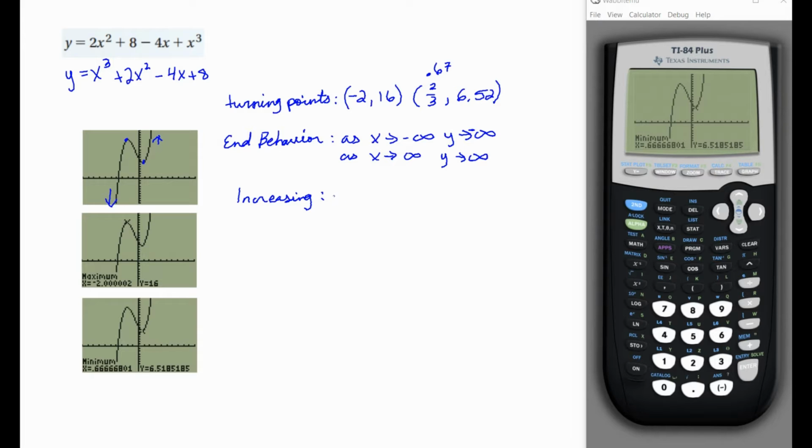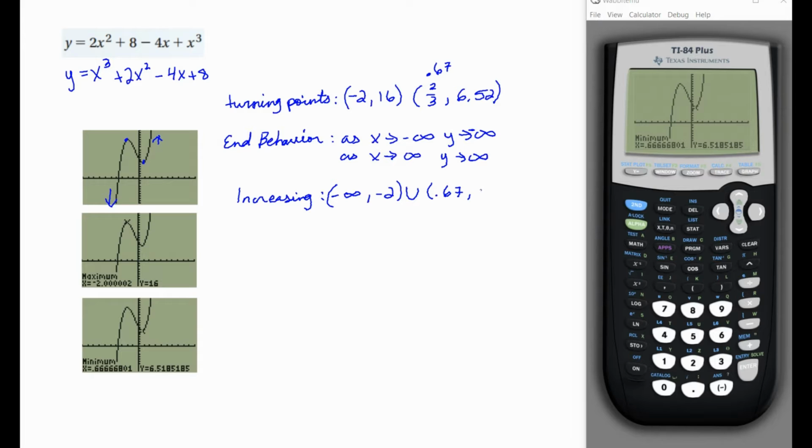So I want to say it's from negative infinity. And what is this x value? Well, that x value is this negative 2 right here. So the negative 2. Now, since I have another part that's increasing, I'm going to use a union symbol. And we're going to pick it up from this x value, which was 0.67.